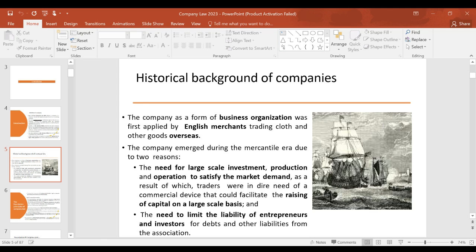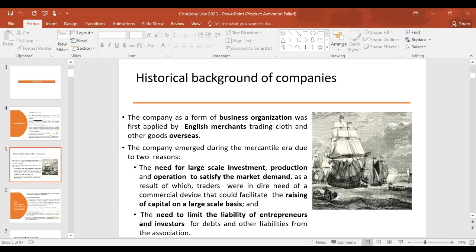They required a large amount of money for investment and also a large scale production to satisfy the market demand. And as a result, it raised a need for contributing large capital towards the operation of that kind of business. And that is how the companies came to be formed as a separate body from its own members.